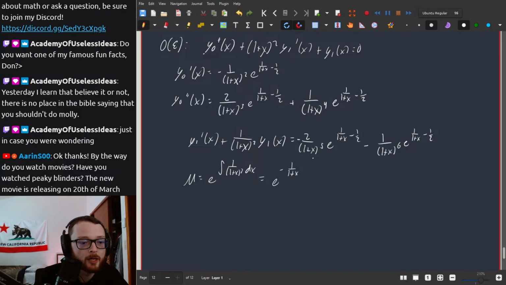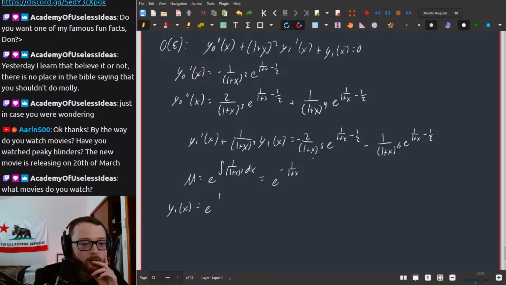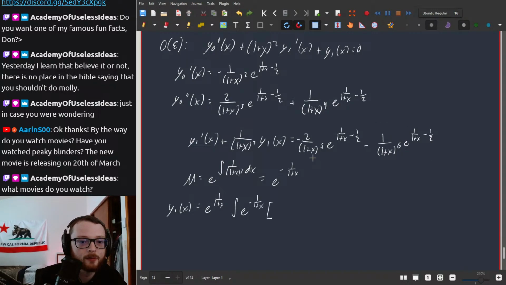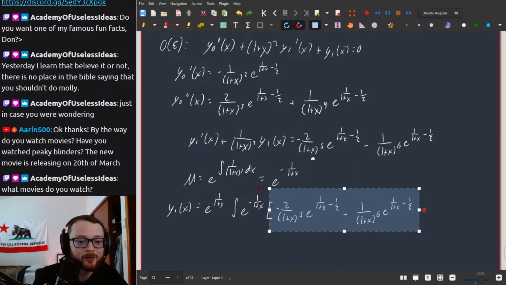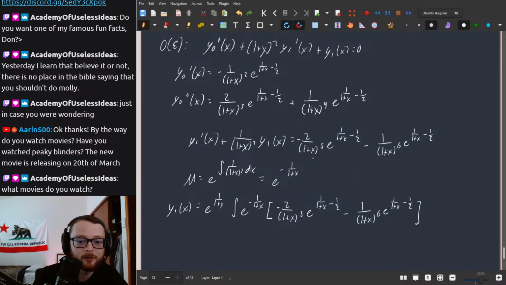I'm not going to care about the constant of integration. It would cancel anyway in this next step. Be e to the 1 over 1 plus x. It's the minus 1 over 1 plus x times this stupid thing. Oh, we're going to get some cancellations at least. This won't be the end of the world.